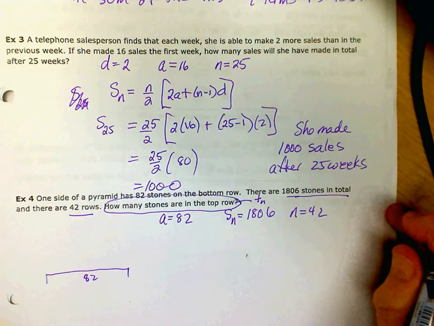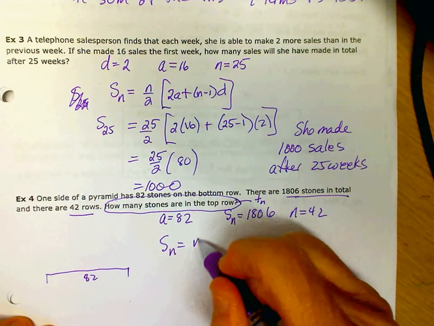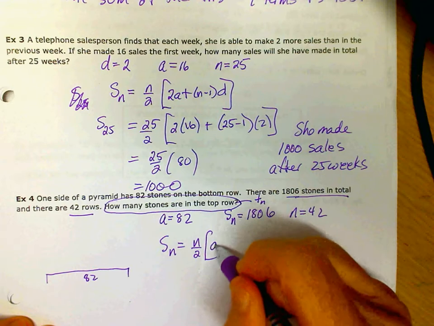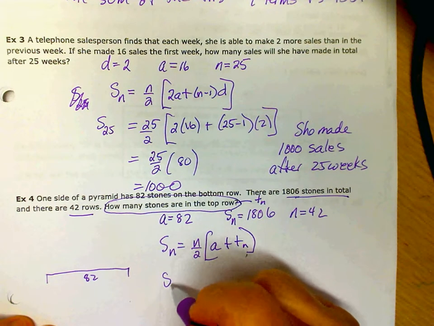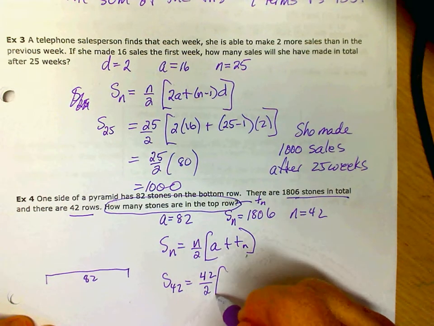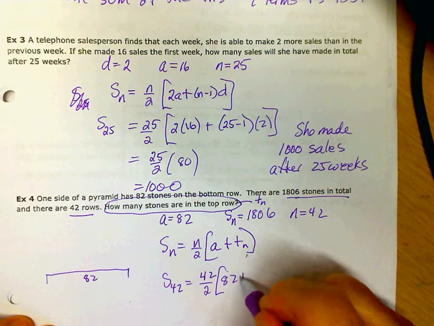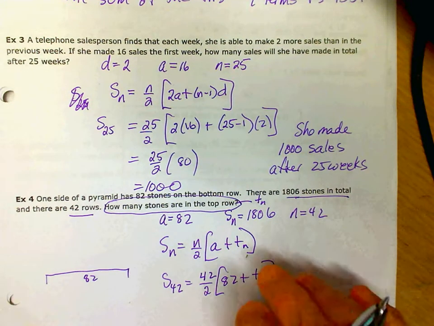Okay, so Sn equals n over 2 times A plus Tn. So S of 42 equals 42 over 2 times 82 plus Tn. Oh, they told us S of 42, so let me change that S of 42 to 1806.